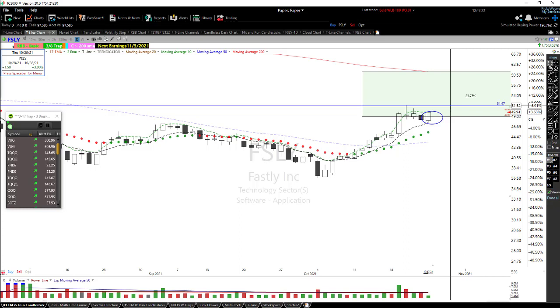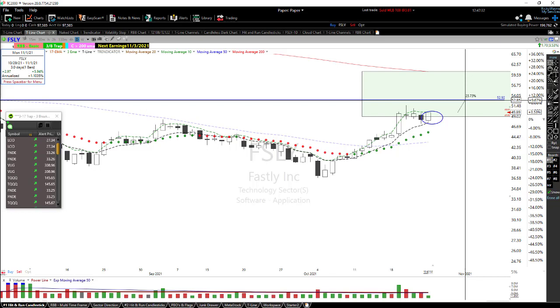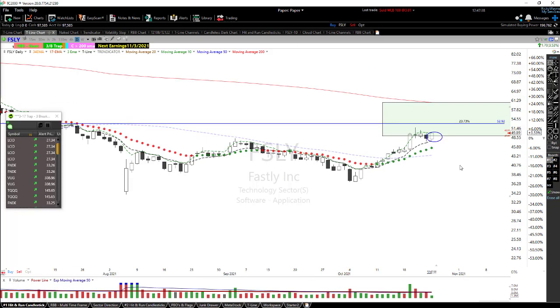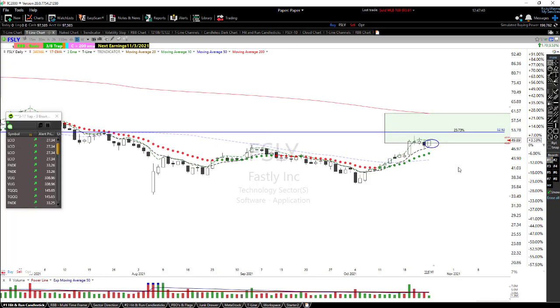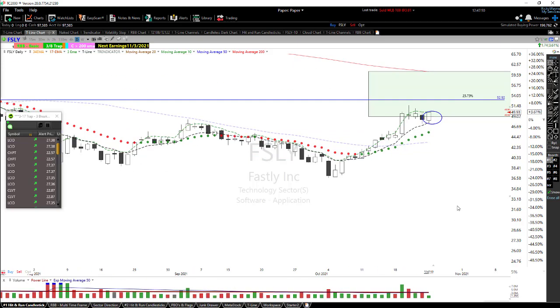Maybe that's enough, but I'm hoping for a little bit more. So maybe we get to this high here and then we break out a little bit. Now we're talking 12, 15% on the options. That's all I need to do before earnings. So I hope that helped.